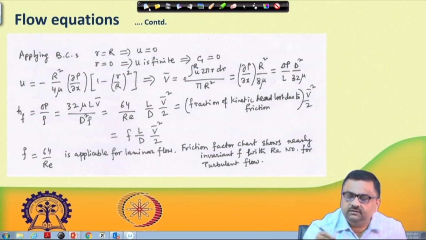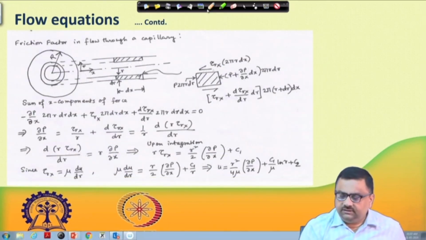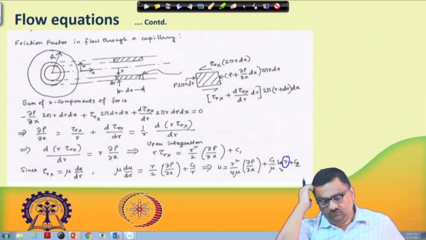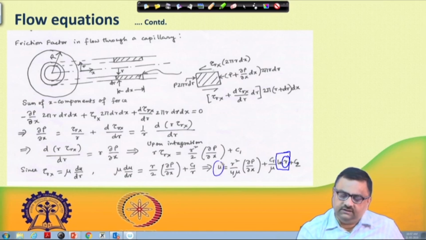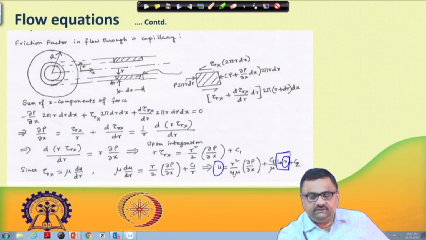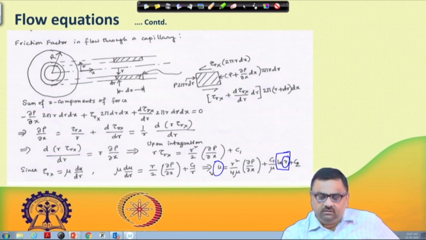If we go to this equation, you can see that at r equal to 0, this term becomes ln 0. That will make the velocity infinite. If you want to hold this finite, because r equal to 0 is the center of the capillary, it cannot be infinite.